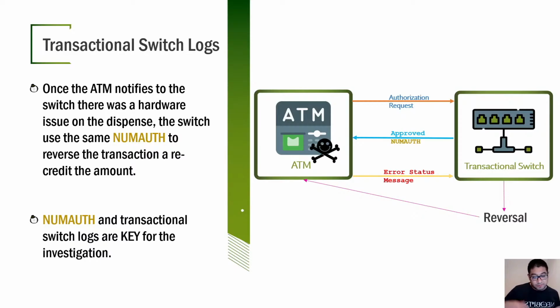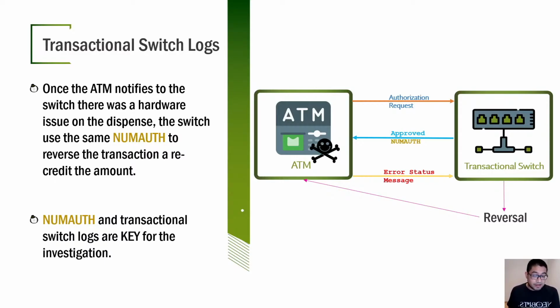But if it was approved, the transactional switch will set an authorization number, and this authorization number will be shared with the ATM. So when the ATM prints the journal or the receipt, it will write that authorization number, and this authorization number will still be there in the transactional switch.